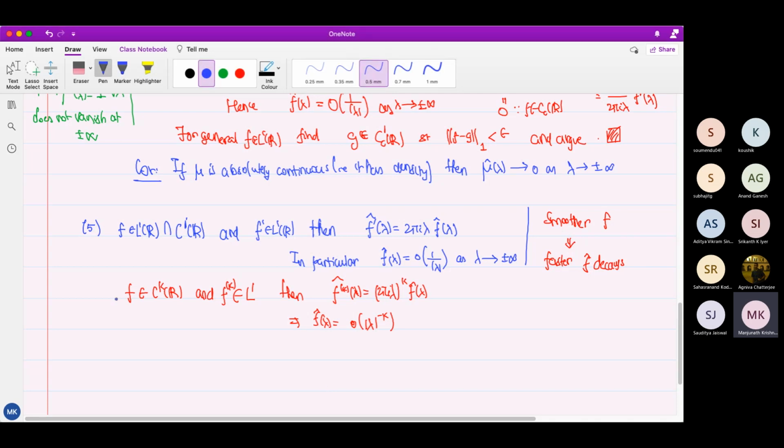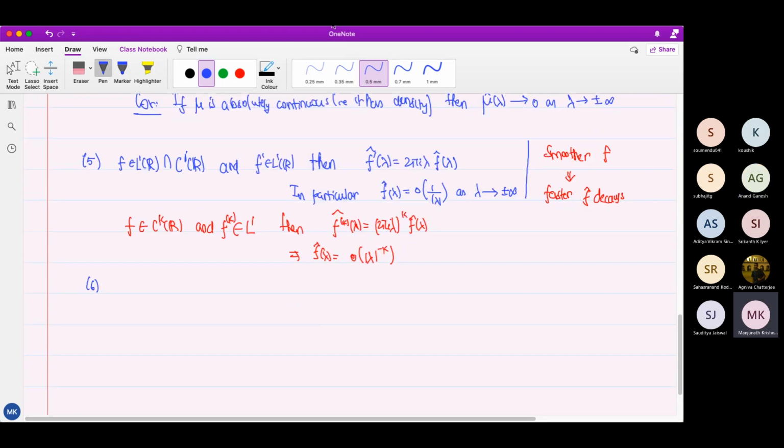But now let's go to something else, which is: what is the little o of 1 by lambda as opposed to big O? Big O means it's bounded. So when I write f(x) equals big O of g(x) as x goes to infinity, let's say, it means f(x) by g(x) is bounded.